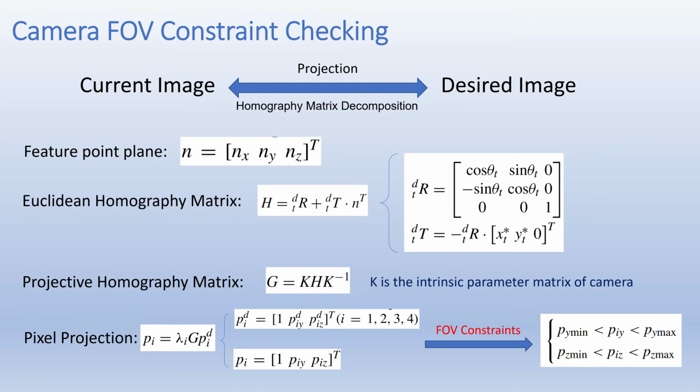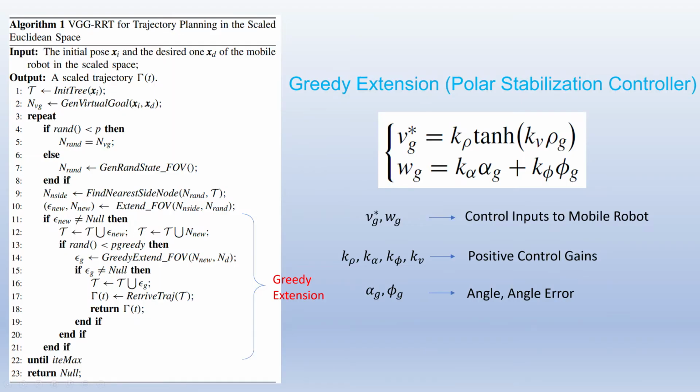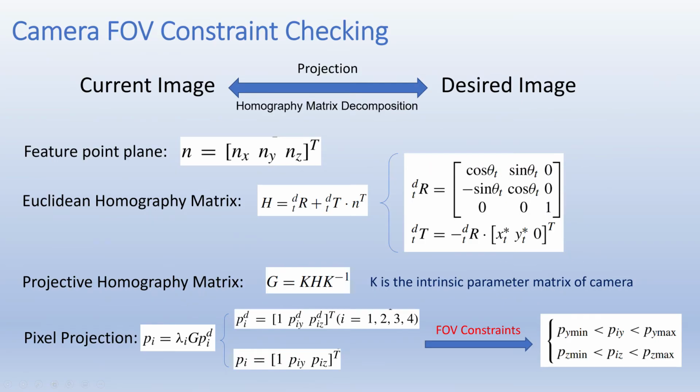Here comes the camera field of view constraint checking, which is a very important process in the whole pipeline. As we all know, the current image and the desired image are two images, and they can both be transferred to each other by projection, and the specific method is called homography matrix decomposition.